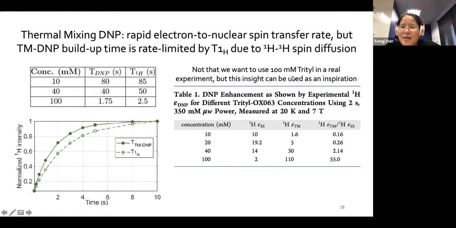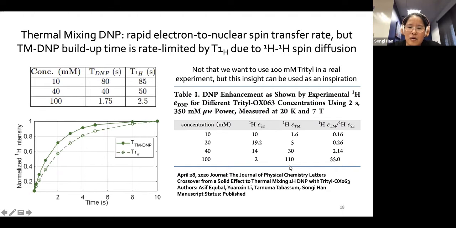I'm just showing you a design principle. Once we know this can be done, of course it would be better if one can shape the spatial distribution of trityl to really take advantage of it, okay? So, oh, this was just published yesterday. I hope that many of you haven't seen it yet. So you are maybe at least a little bit surprised.